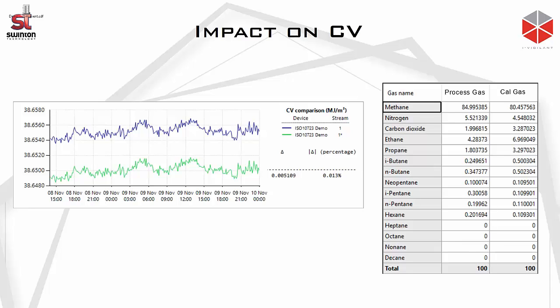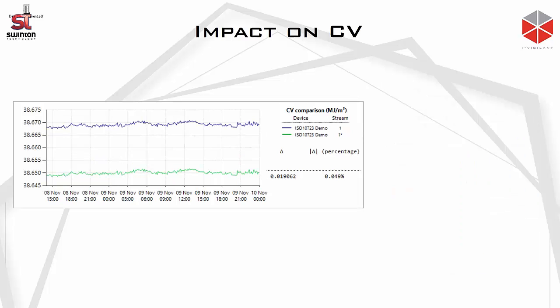But the matter is how big of a bias we can still accept in the system, so as not to bother about the calibration gas composition, or about performing the ISO 10723 test. In the example here, I moved the calibration gas even further away.